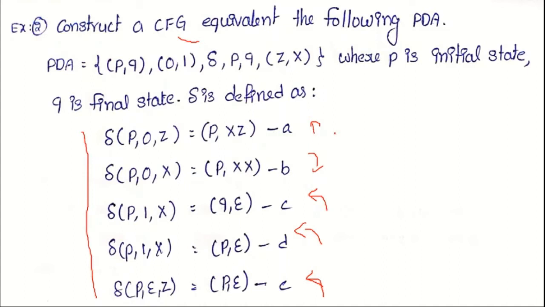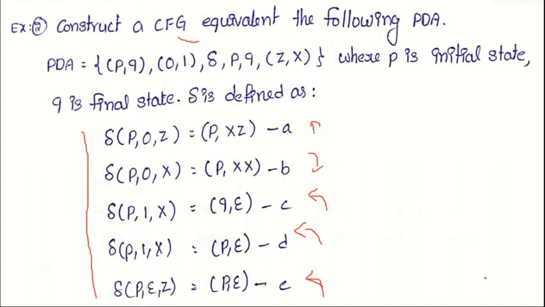In case of 3 states, 9 production rules would be required. So for the first transition we can construct 4 production rules, for the second transition we require 4 production rules, and for the remaining 3 we require exactly 3 production rules, so 4 plus 4 plus 3, so a total of 13 productions will be required.